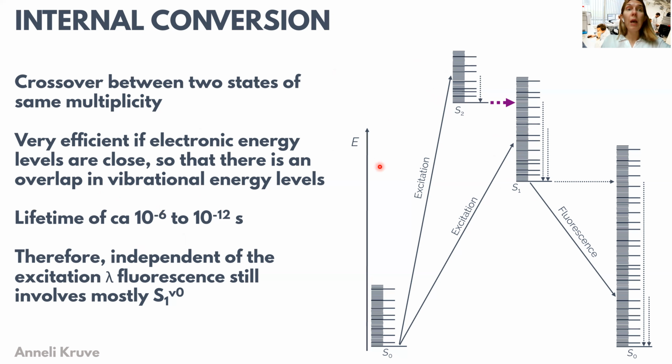So this is why it is possible that from these levels we now also start observing fluorescence, and we don't observe fluorescence from the vibrationally excited levels. So if the fluorescence is occurring, then it's most likely that it occurs from the S1 V0 on this electronic scheme that we have here on the right-hand side.